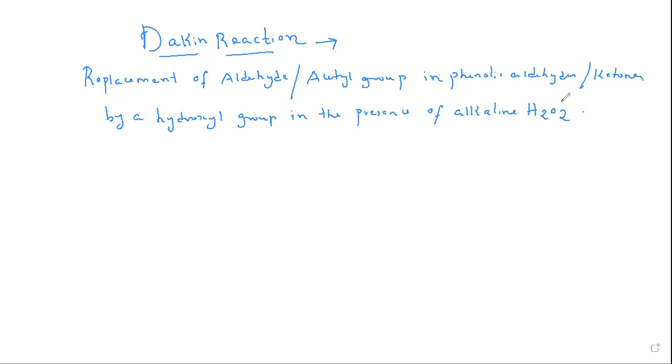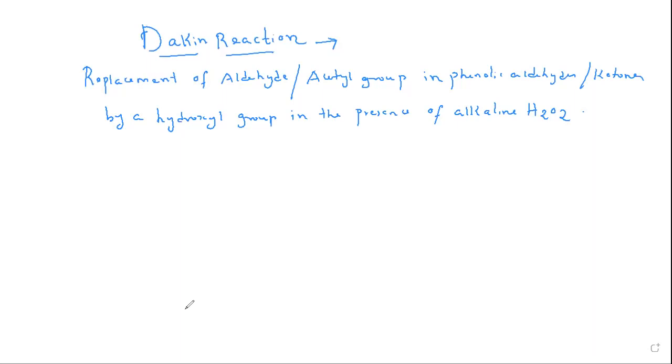Okay, so if you look at the statement of Dakin reaction, it is mainly concerned with the replacement of aldehyde or acetyl group in phenolic aldehydes or ketones by a hydroxyl group in the presence of alkaline hydrogen peroxide, which means you're simply going to replace an aldehyde group or an acetyl group with a hydroxyl group. That is what we are going to do in this Dakin reaction.